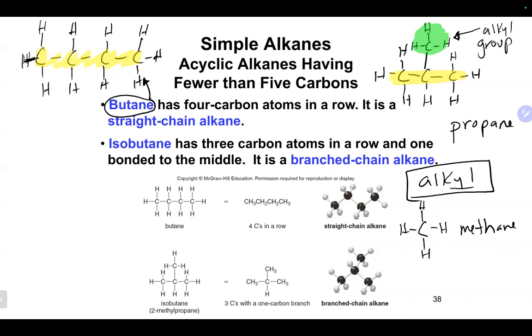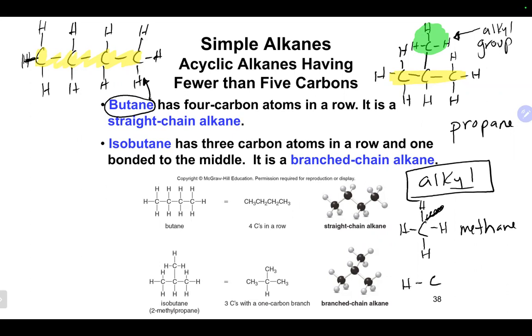The problem, though, is if I wanted to use methane as my 1 carbon group and I went to go attach it, say here, would that be a problem for that carbon? It would be, because then that carbon would then have 5 bonds, which is way too many for carbon. So because it's a group and it needs to attach to the main chain, it actually will end up having 1 less hydrogen.